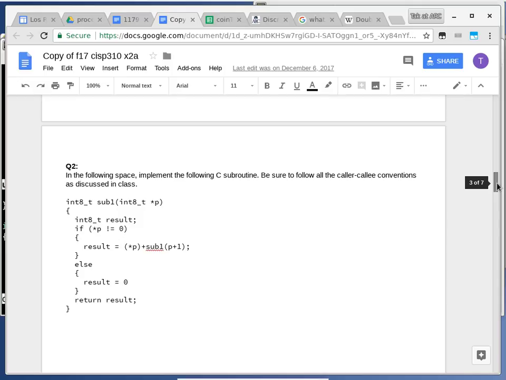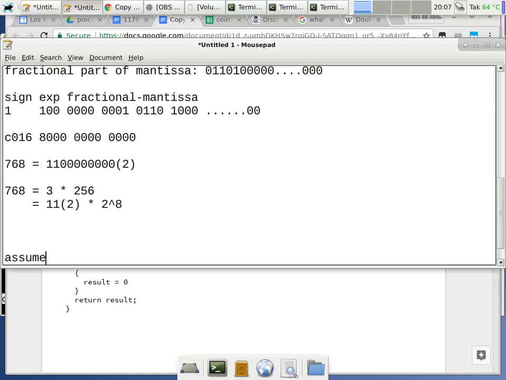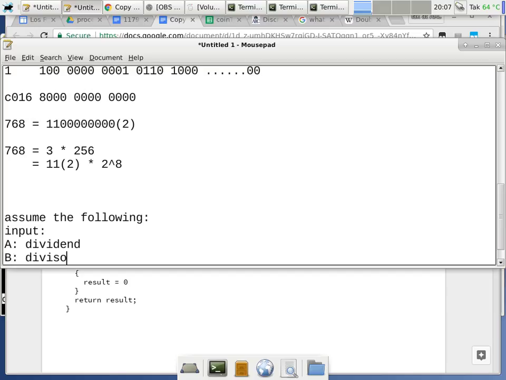Go. So let me just write it down, so that you guys can practice. Assume the following. Register A is my dividend as input. This is my dividend. Register B is my divisor.